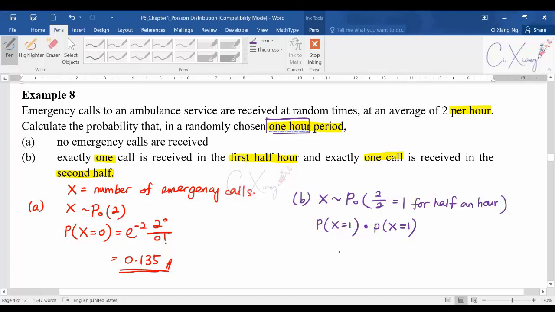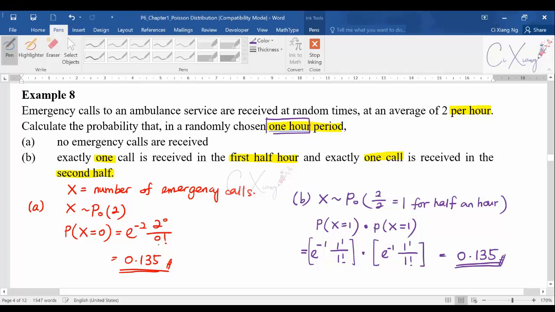Therefore, you multiply it. So what is the probability for this one? Now you have e^(-λ) λ^1 divided by 1 factorial, multiplied with another e^(-λ) λ^1 divided by 1 factorial, and in the end you'll also get 0.135.